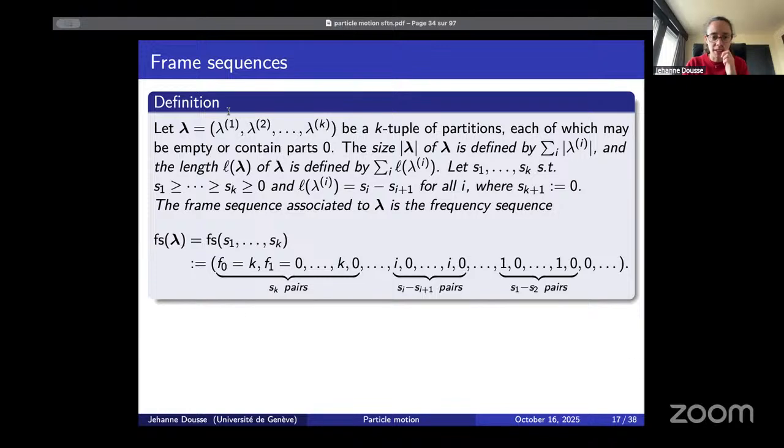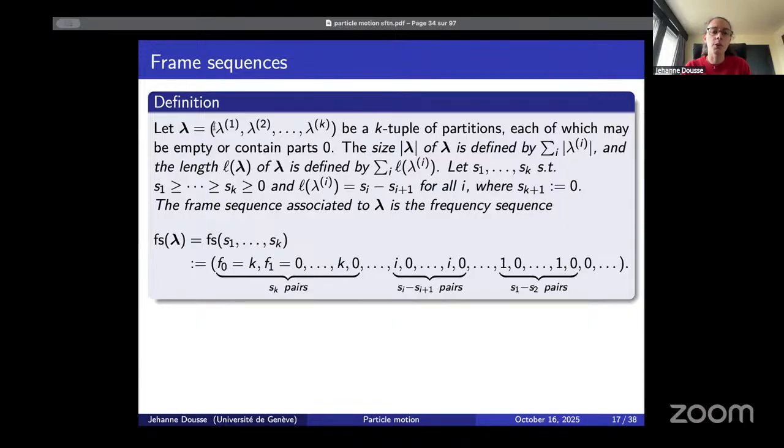So we will start with a k-tuple of partitions, and those partitions can be the empty partition or they can contain the part 0, that's not a problem. And we will try to insert those partitions inside the frame sequence that we will define to get the sum side of the Andrews-Gordon identities.